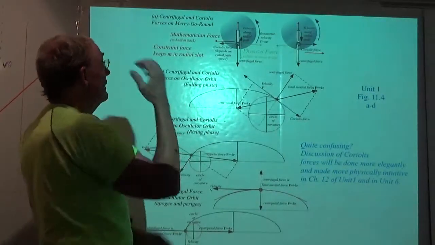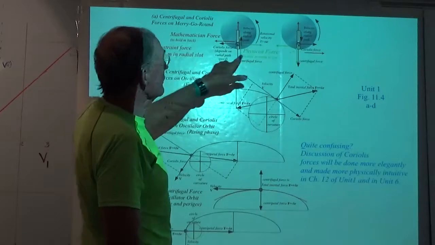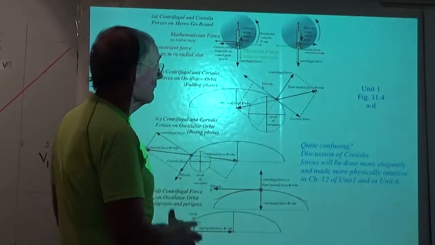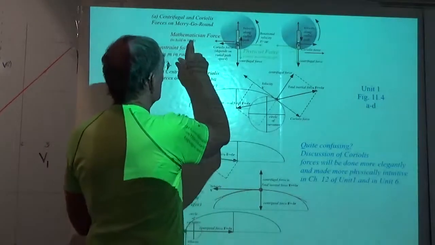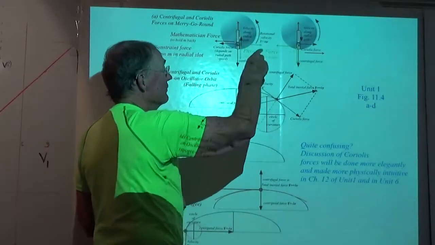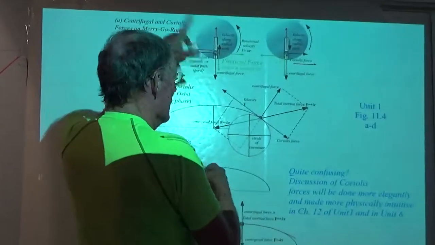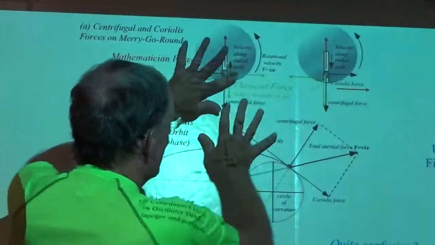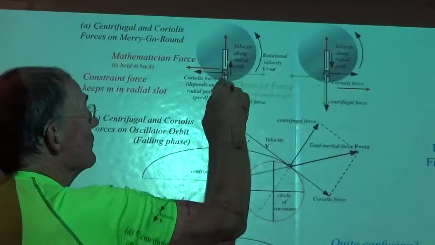But we have to have the mathematician force to hold it back, we have the physicist force where the M wants to go if we're somehow released from a situation that we put it in, which is the merry-go-round again, except that we're looking down on something turning on the Earth, so we don't worry about gravity this way. All the forces are going to be in the plane here, due to rotational velocity.